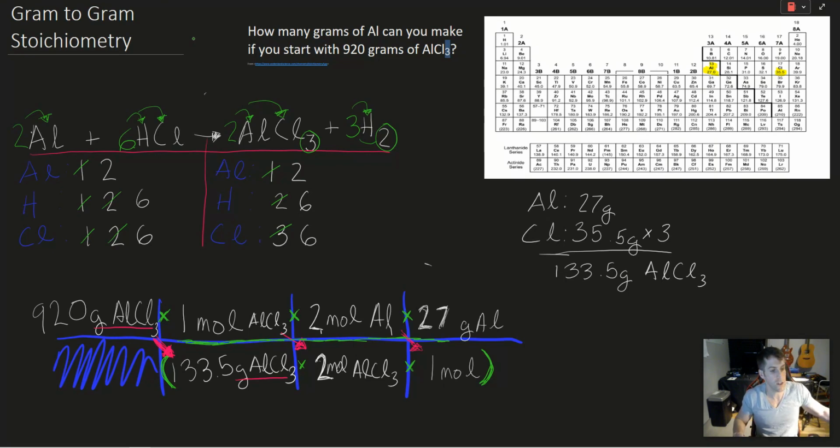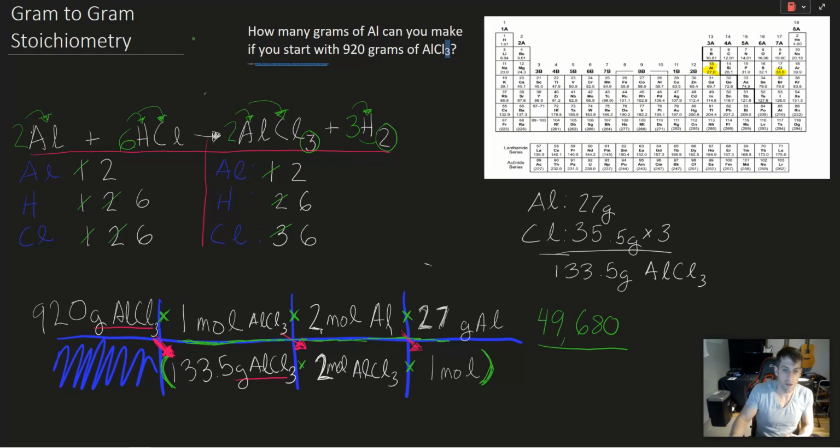So we're going to use our calculators here. We have 920 times 1, and of course you can ignore that, but we'll put it in there, times 2 times 27 equals, and I get 49,680. I'll put that on top just in case you are also getting the same thing. That is all going to be divided by parentheses 133.5 times 2, and of course times 1 if we want.